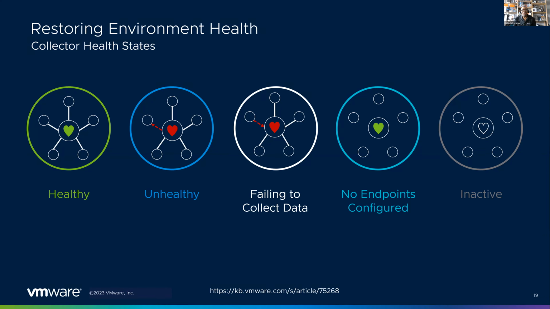Then there's failing to collect data, which means the collector is not receiving data from a configured product, so ensure the collector can communicate with all your products over the network.